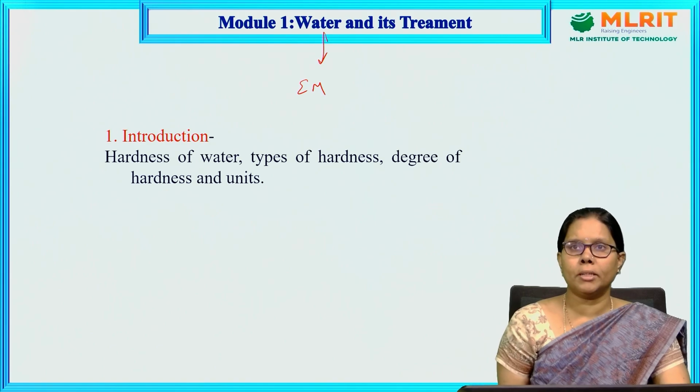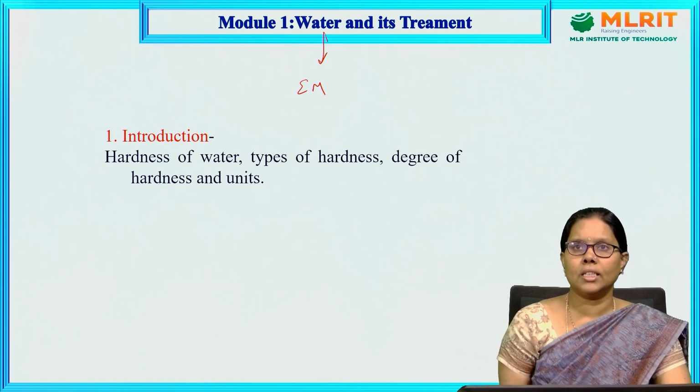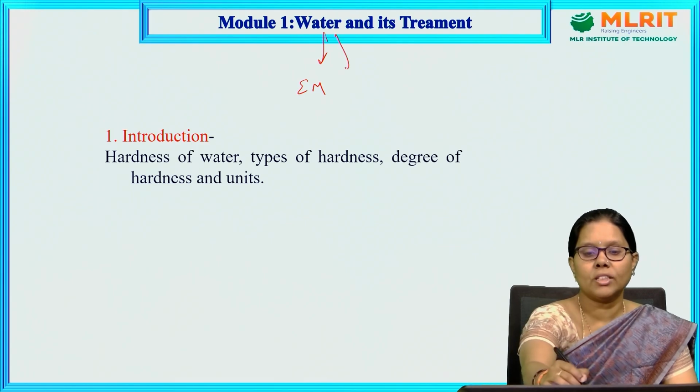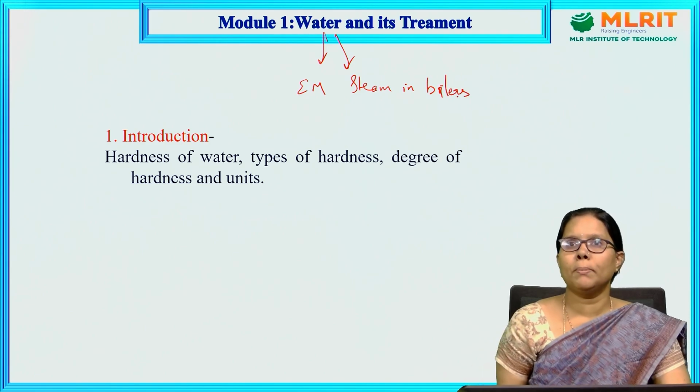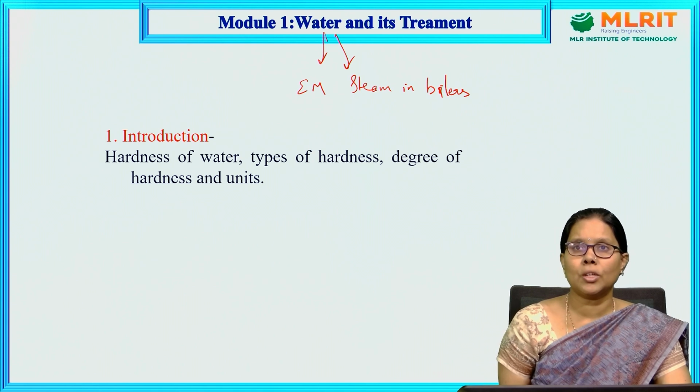As an engineering material, water is used for the generation of steam in boilers, and the steam is used to run the turbines and engines.